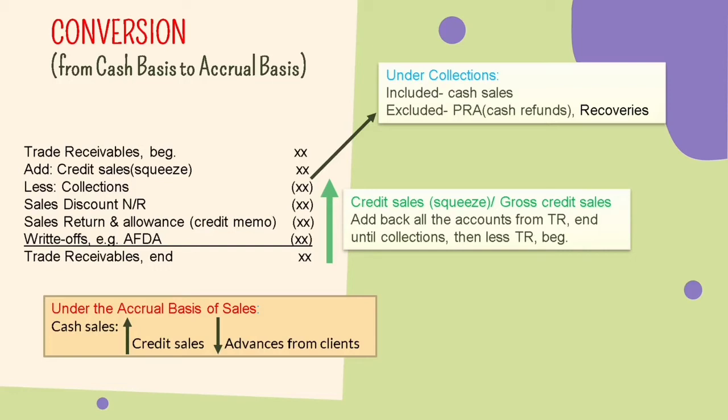Credit sales will be added since our journal entry is to debit accounts receivable or notes receivable and credit sales. Less collections since kapag nakapag-collect tayo, our journal entry will be debit cash and credit accounts receivable or notes receivable.